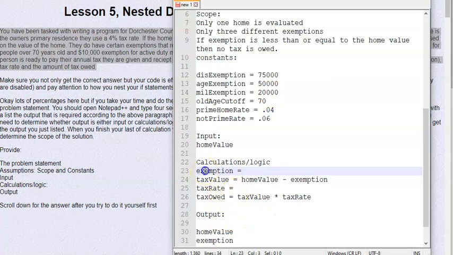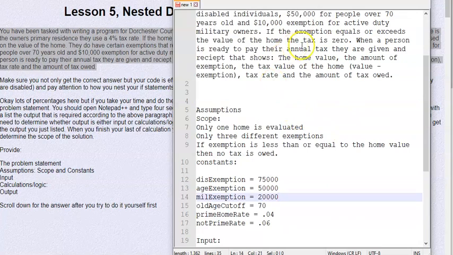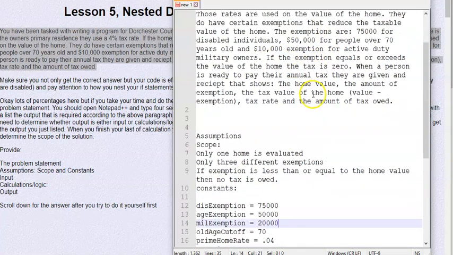So let's go ahead and start with the exemptions first, and let's figure out what those are. So we know that there's a disability, an age, and a military exemption. And fortuitously, these are all in this order, but the person could have given us them in different orders.